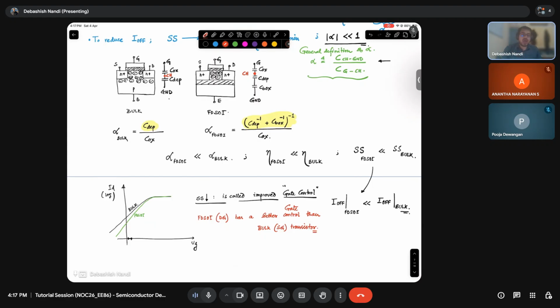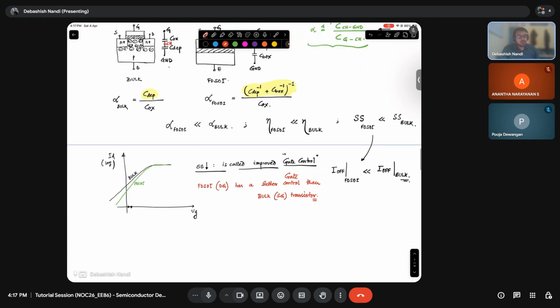So you have been hearing that if I am controlling the channel region by multiple gates, that means my gate control is increasing. What is actually happening is your subthreshold swing is getting lowered and it is approaching the Boltzmann limit, right? Is it understood? Yes, sir.